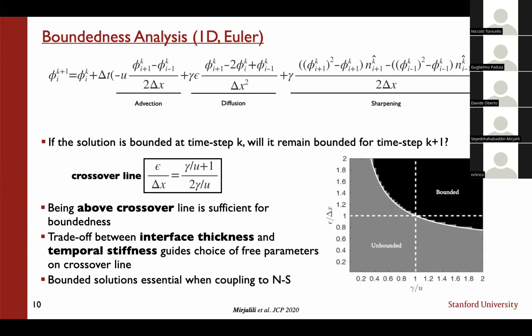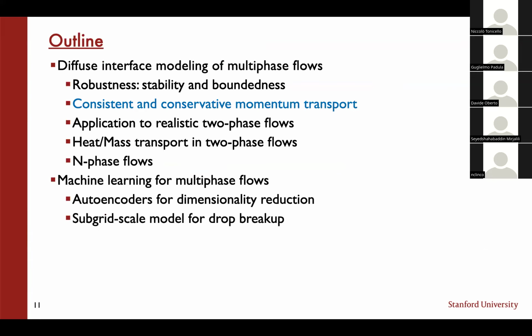So if for instance you have even, say, 1% negative phi values, that will turn into a negative density when you're dealing with air and water, right? So this whole problem and how you deal with it is completely avoided with this nice property.